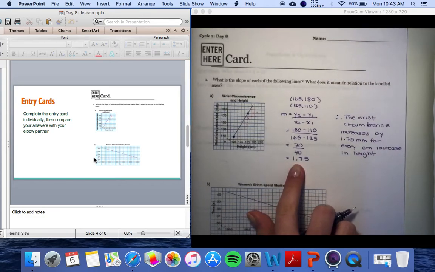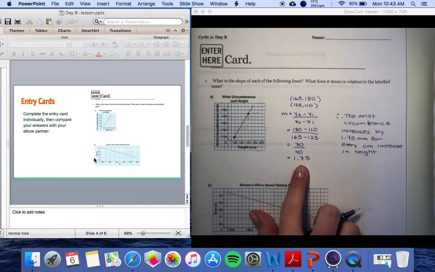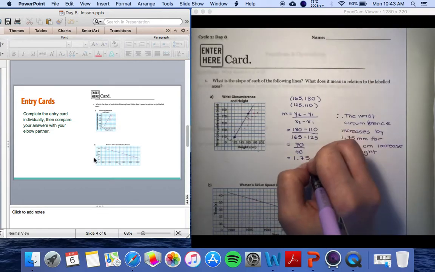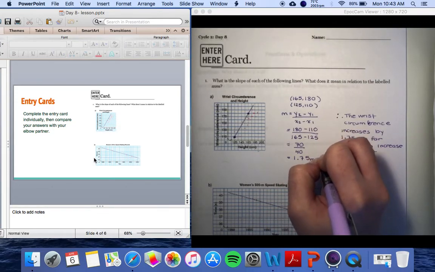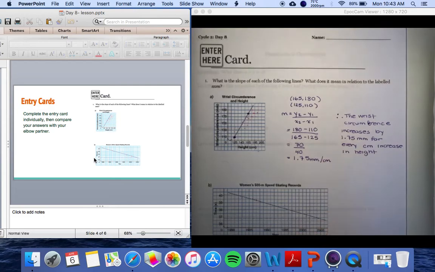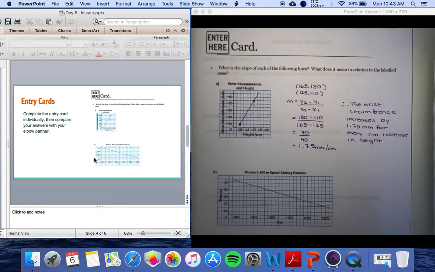So in other words, our final answer for the units that we would include would be then 1.75 millimeters per centimeter. So that's the first one.